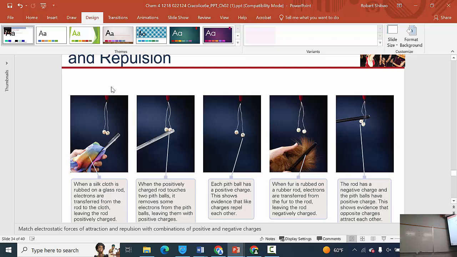So this is a positive being spread apart. If you rub fur on... this is just Coulomb's law in action.